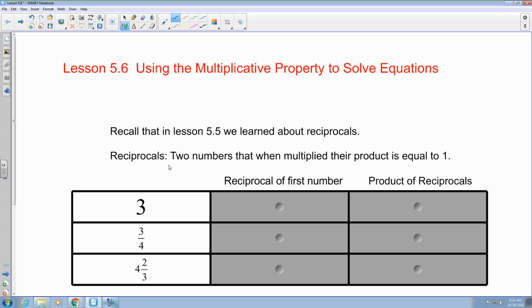All right, we're in section 5.6 where we're going to be using the multiplicative property to solve equations. So we talked about reciprocals in 5.5, and when we use the word reciprocal, basically we were talking about flipping the fraction.